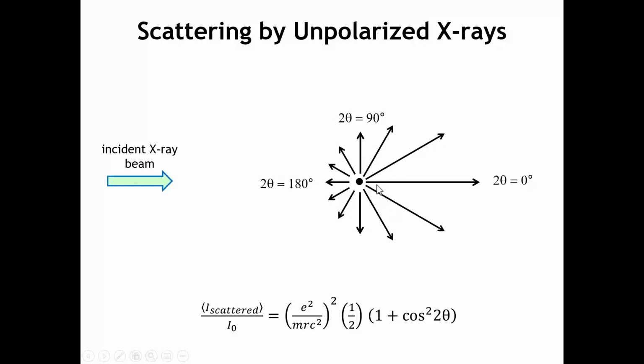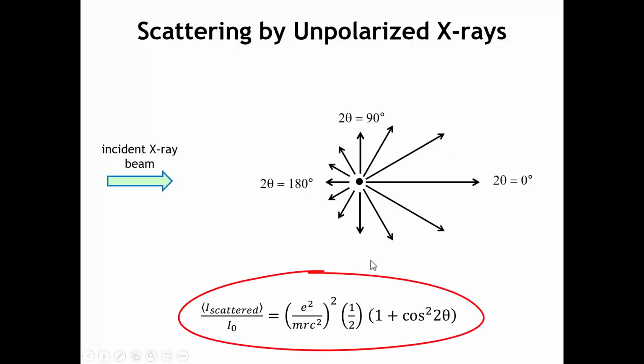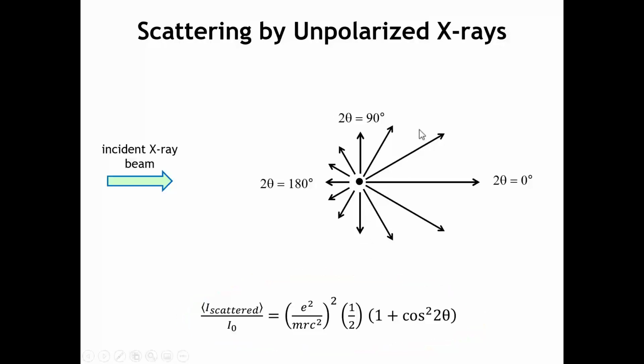So the biggest scattering is going to be in the forward direction, 2 theta scattering angle equals 0, because in that case the polarization is at a maximum and there's no interference effects from scattering from multiple electrons in the atom. And then when we combine both the polarization, which is shown here, and the form factor drop-off with angle that I talked about on the previous couple of slides, we can see that we get something that gets smaller and smaller as we go to larger and larger scattering angles.